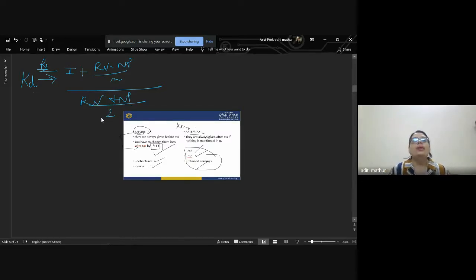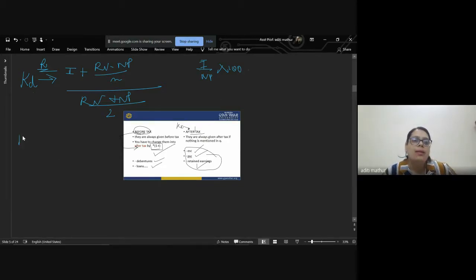And when we have to do it after tax, simply multiply it by 1 minus t. If it is the case of irredeemable, it is interest divided by NP or MP, the market value which is given, into 100. Again, to do it after tax, multiply it by 1 minus t.